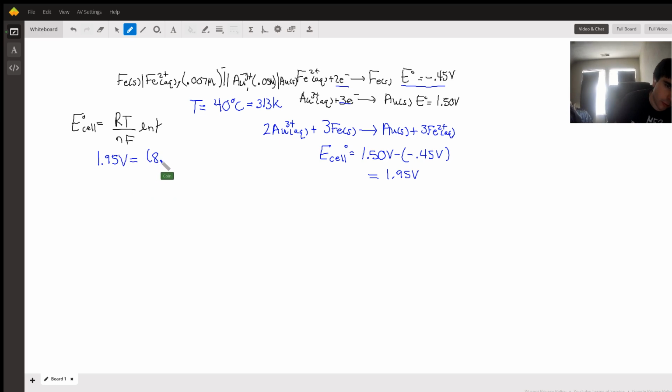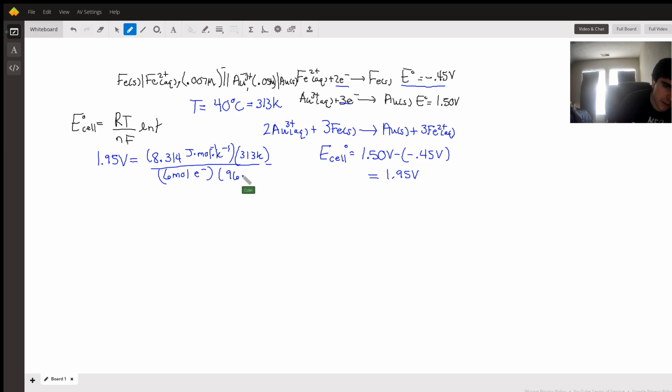We need to write out all that we're given. R, in joule per mole kelvin, times the temperature, so 313, divided by 6 mole electrons times the Faraday's constant.